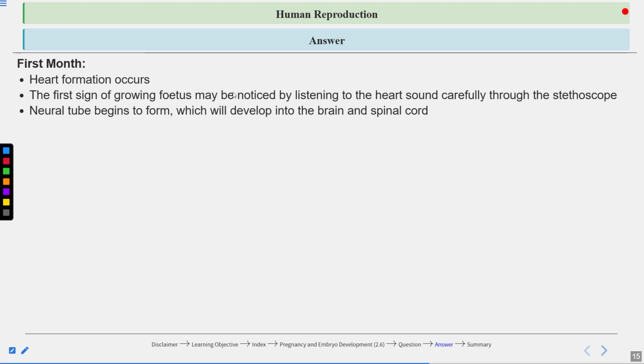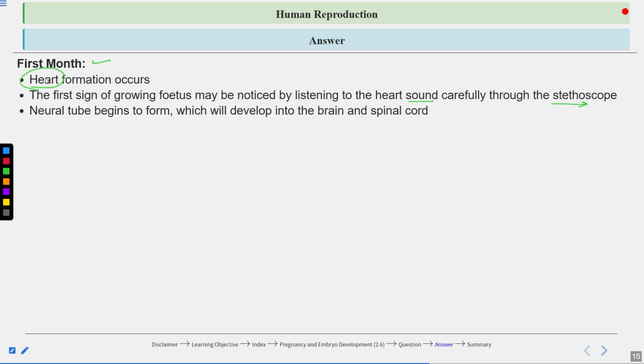Answer for the first question, various stages of embryonic development in humans. Heart formation occurs during the first month. The first sign of a growing fetus may be noticed by listening to the heart sound carefully through the stethoscope. First of all, the heart is formed.